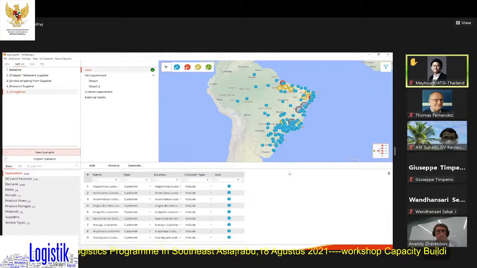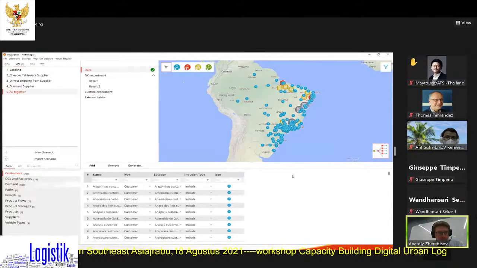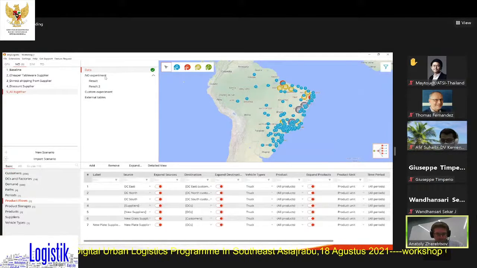Yes, thank you. Let me answer the second question first. So yes, this functionality is supported, and usually you define that using the product flows table. So here you can see that we have the following definitions.